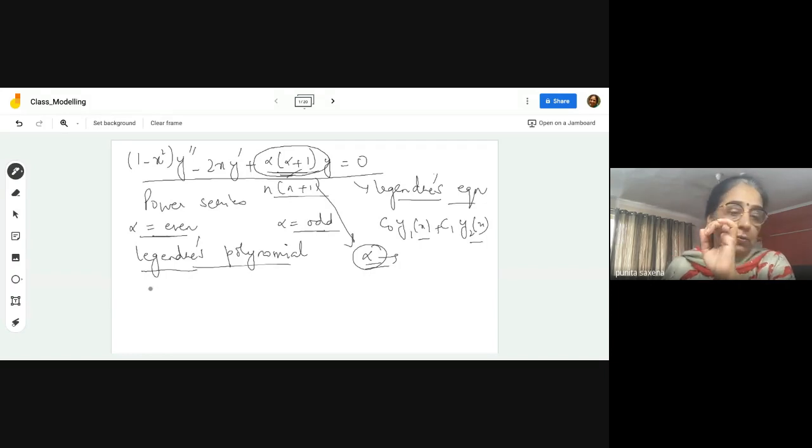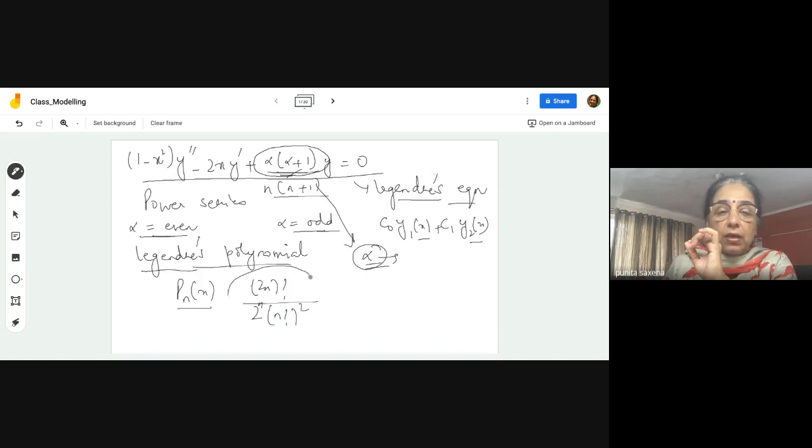He worked out that we have to have a coefficient of P_n(x) of the form 2n factorial upon 2 to the power n into n factorial squared. So we have to make every coefficient of this form, and then we get a general expression for P_n(x).